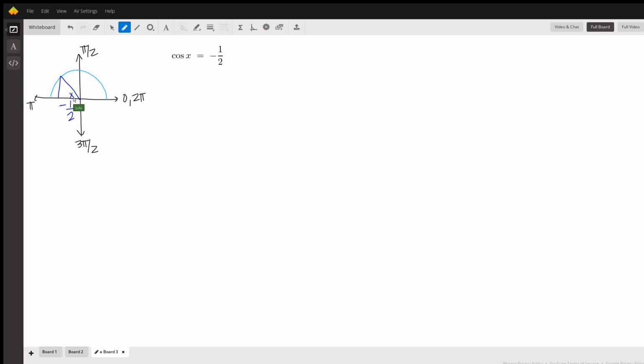So x here is also going to be pi over 3. That's called your reference angle. The reference angle is inside of the triangle. And so the reference angle here is also equal to pi over 3.